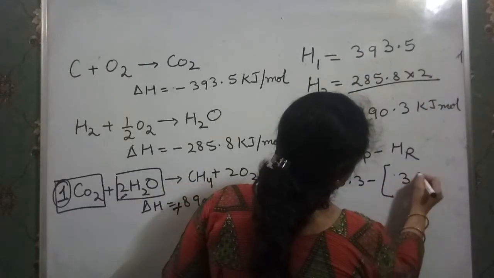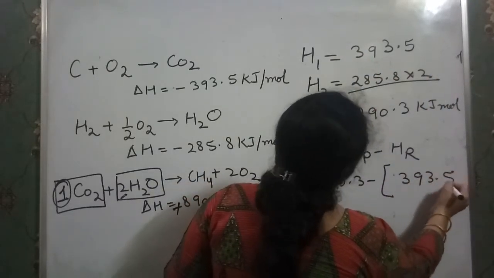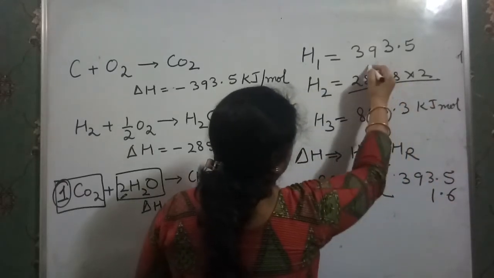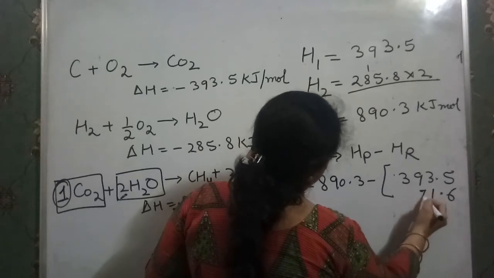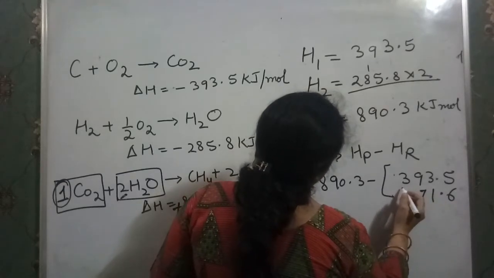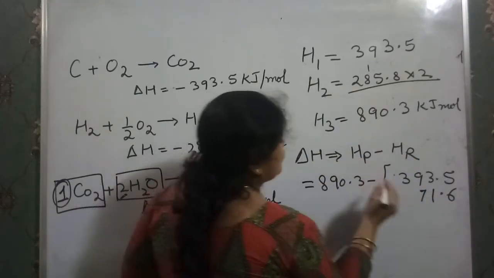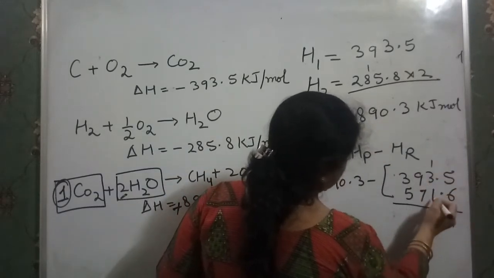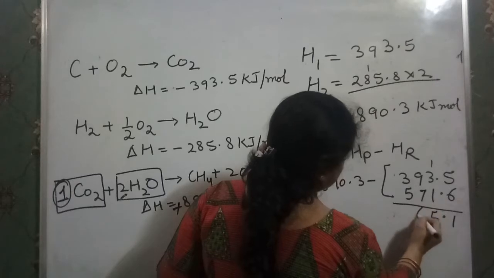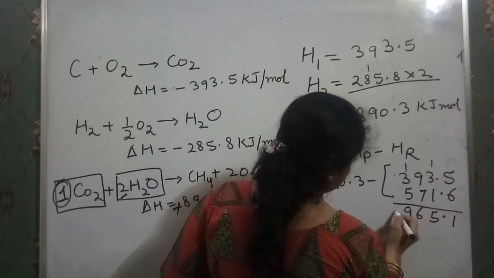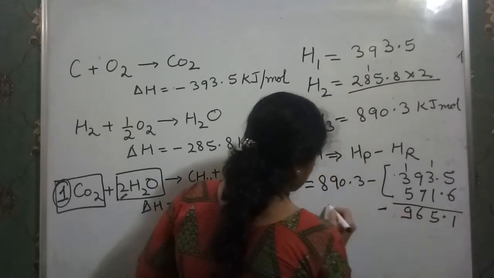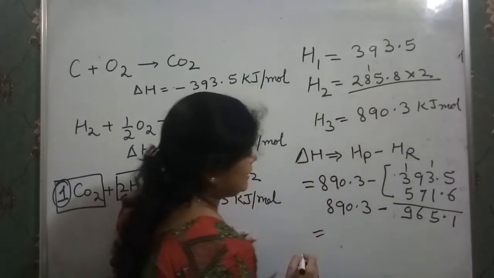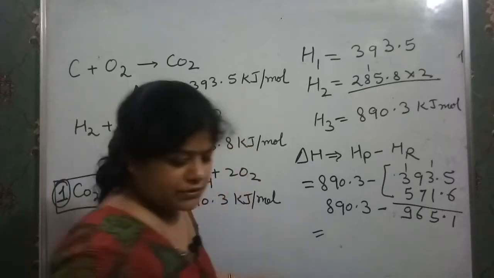We have 393.5 and 2 times 285.8, which is 571.6. Adding them gives 965.1. Clear? Now we have to subtract both of them in order to get the enthalpy change. So now subtract it.